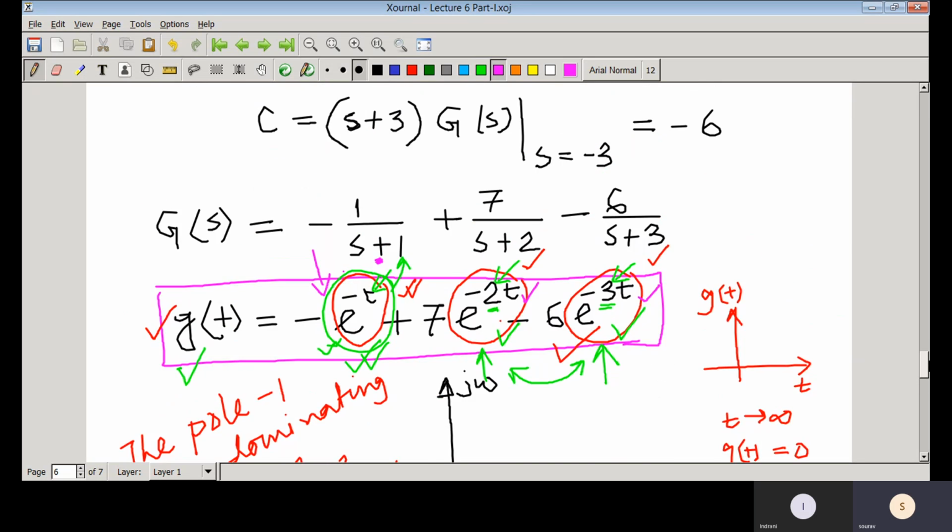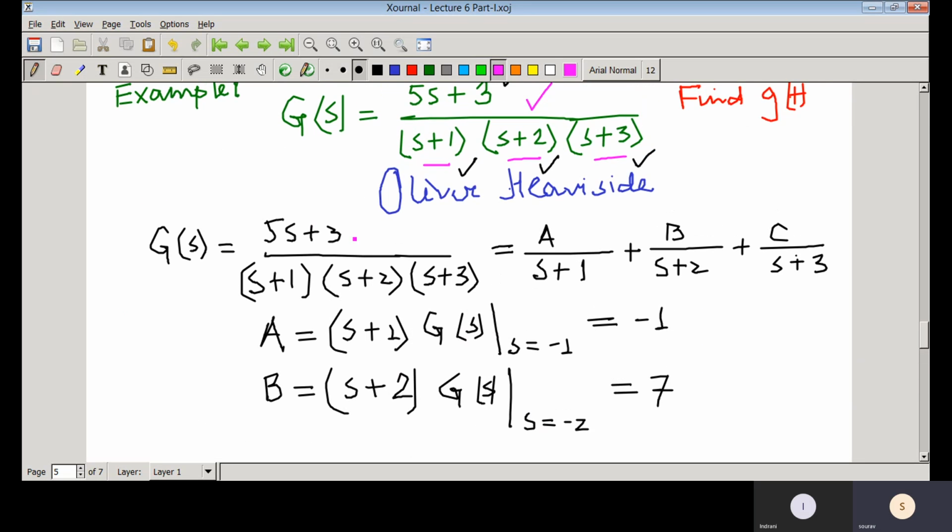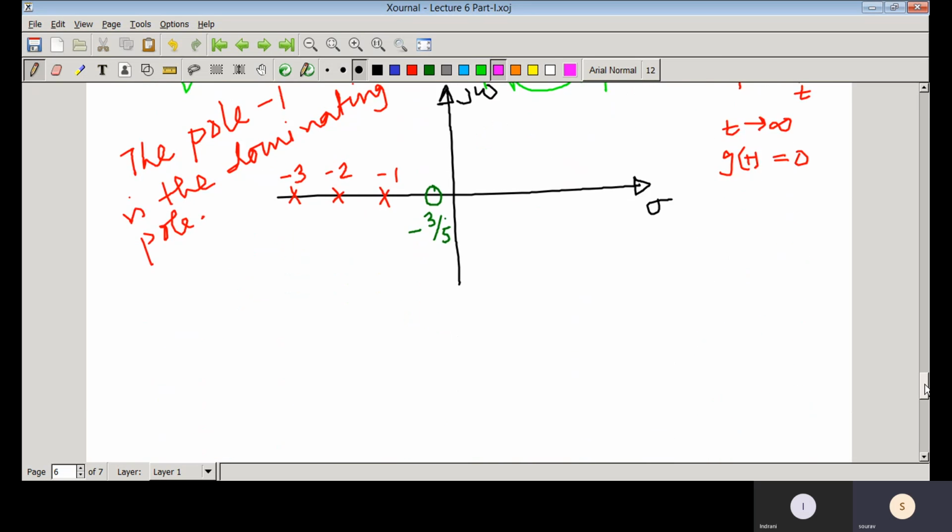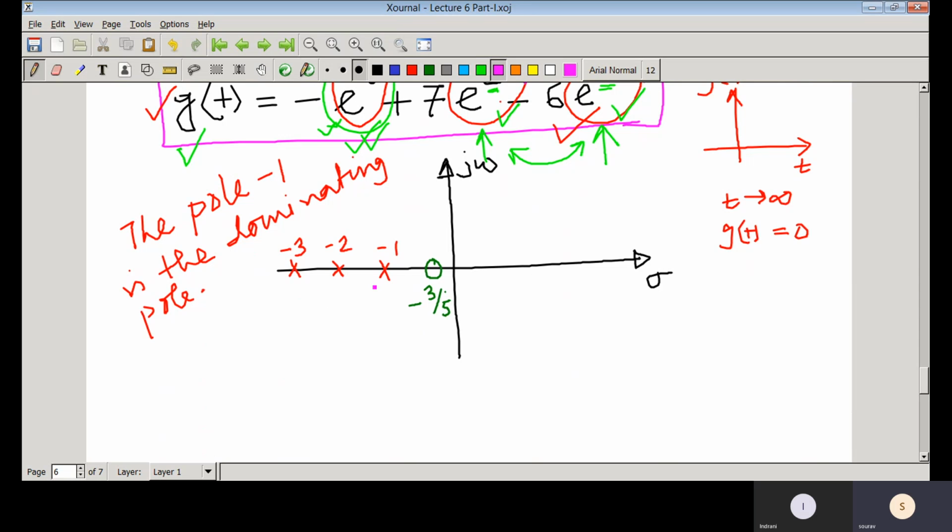That's why in this function, which has three poles at minus 1, minus 2 and minus 3, the pole at minus 1 is the dominating pole. Or you can say it is the pole closer to the origin. The pole which is closer to the origin is called the dominating pole.